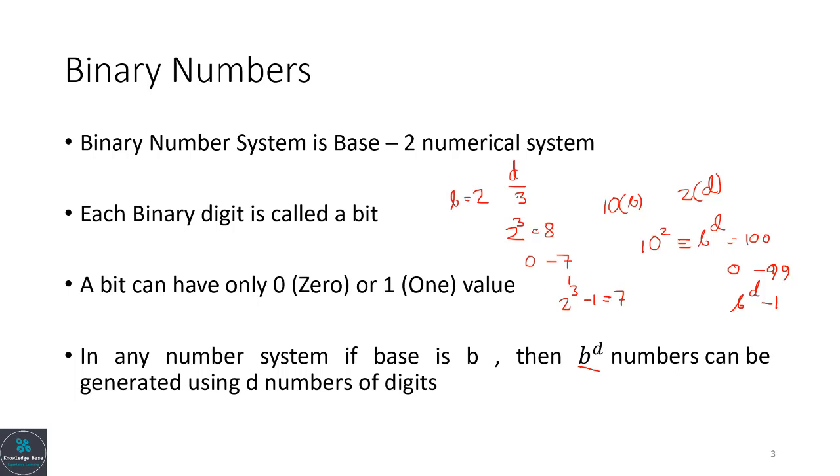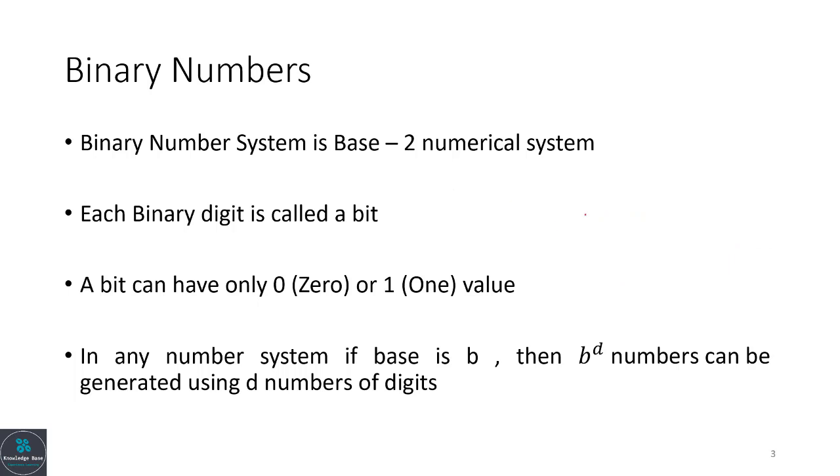So for a 4-bit binary number, it will be 2 to the power 4, that is a total of 16 different numbers, and the range will be 0 to 15.